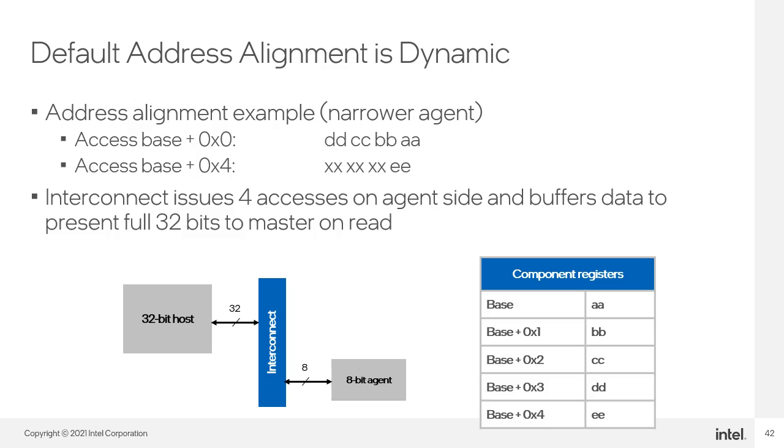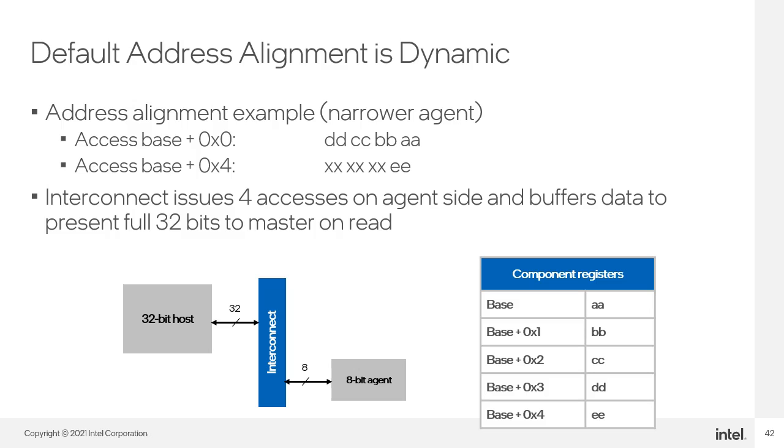So, 4 bytes on the agent are accessed at locations 0 through 3. The host issues a single command to the interconnect, but the interconnect will need to issue 4 commands to the agent. The interconnect will stall the host until all 4 accesses to the agent are complete.